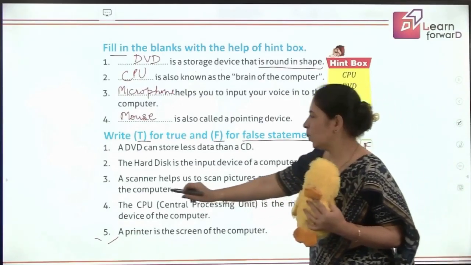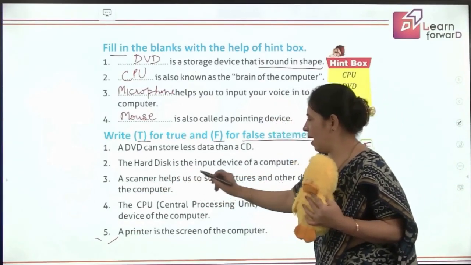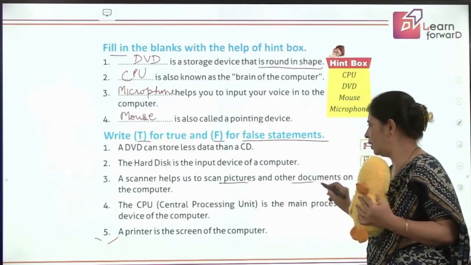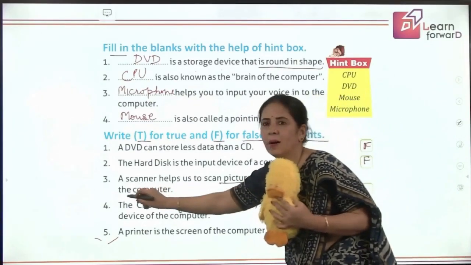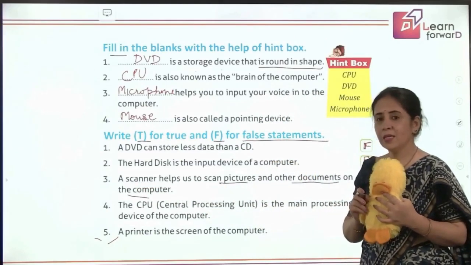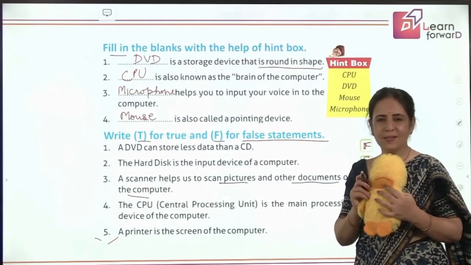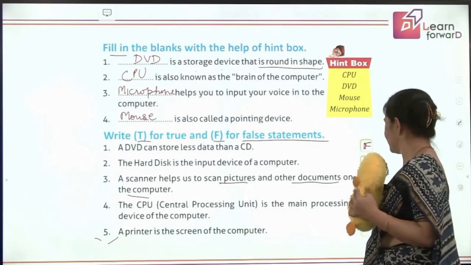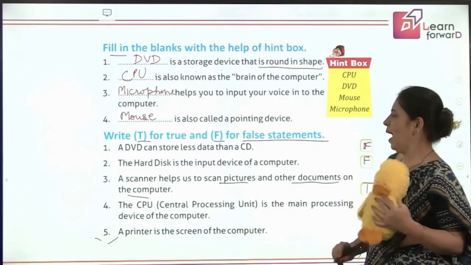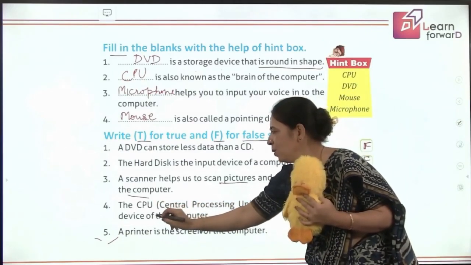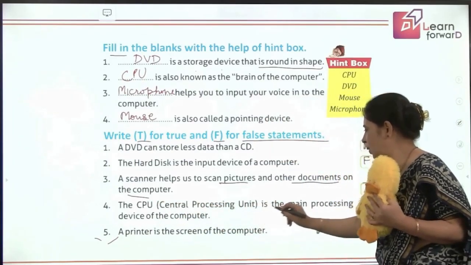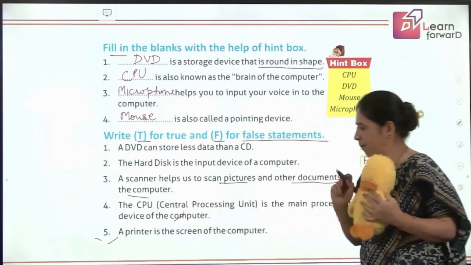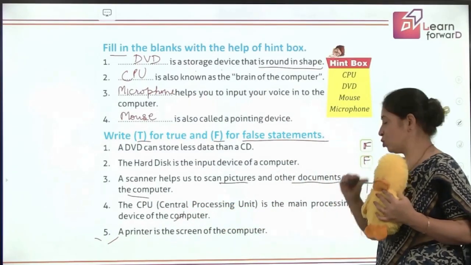Come to the third one. A scanner helps us to scan pictures and other documents on the computer. Is it correct? You remember what scanner does? Yes, I could see your thumbs up. Very nice, it's true. And the CPU, that's the central processing unit, is the main processing device of the computer. Correct. That's also correct.